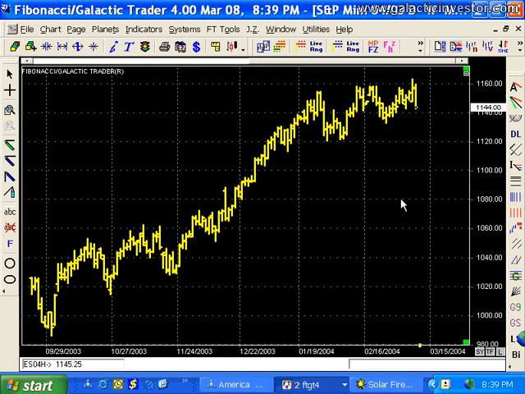So when an aspect occurs in the future, or aspects or clusters in the future are going to happen, we know when to look for a reversal. And not only do we know when to look for it, we know at what price levels to look for it. We're prepared. We have our planetary lines. We have our harmonic charts set up correctly, so we know what to look for, and we're prepared to act on this information.